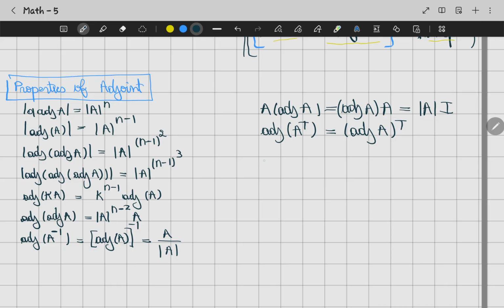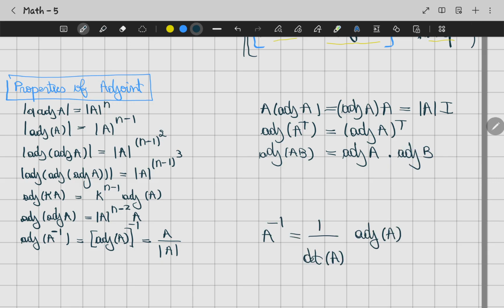Next, let's say we have to find the adjoint of A B. So it will be adjoint A times adjoint B. Okay, these are just what we got.